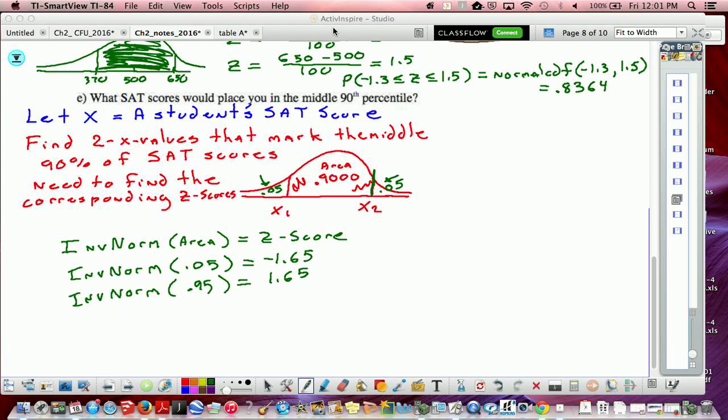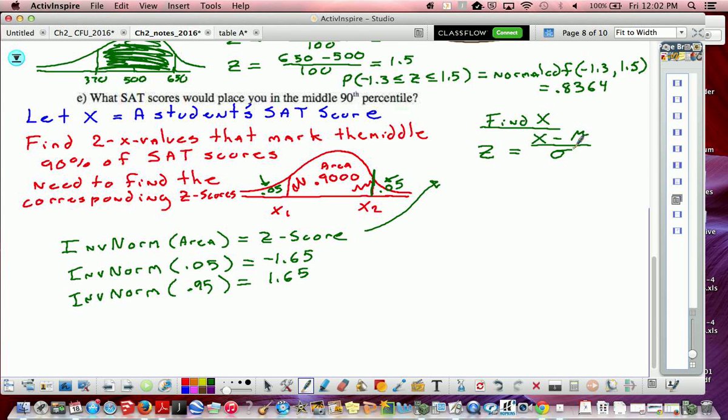So now we got our z-score. I'll continue my work up here. Now I want to find x. I know that a z-score is equal to my score minus the mean, divided by the standard deviation. Do I now have a z-score? Yes.